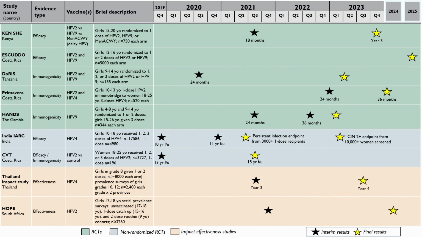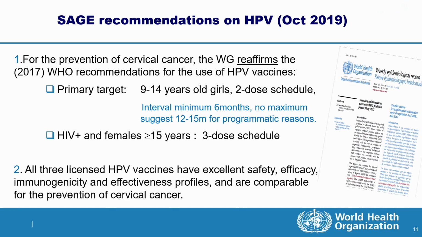So we expect that by then we can see what the decision can be on one dose. So SAGE said we stand by the recommendation that we had last time, and there's no need to change the position of WHO as we had in 2017.